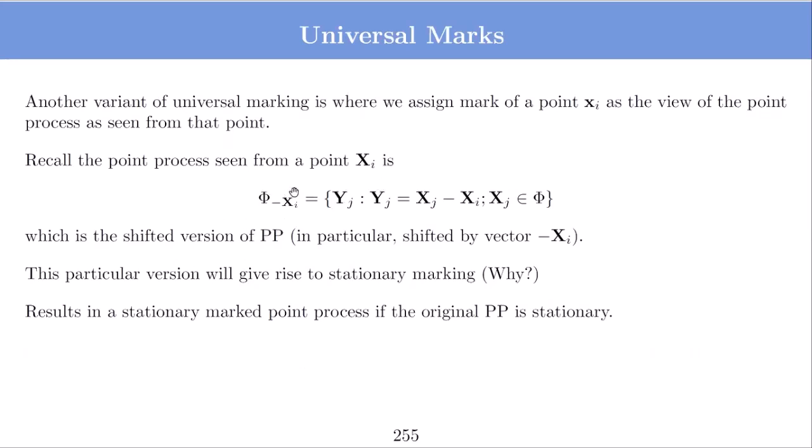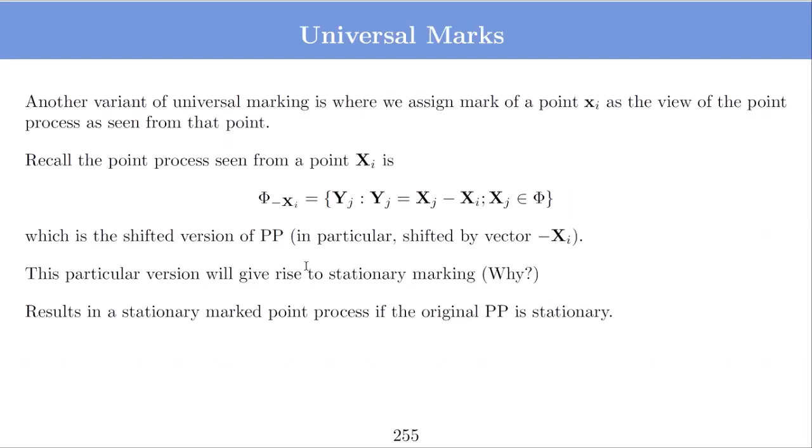Okay, so xi is the new origin. So you take points in phi and you shift phi minus xi to get new points. Okay, so this means xi itself will become the origin. This is a shifted version of the point process, and it is the neighborhood as viewed from the point.